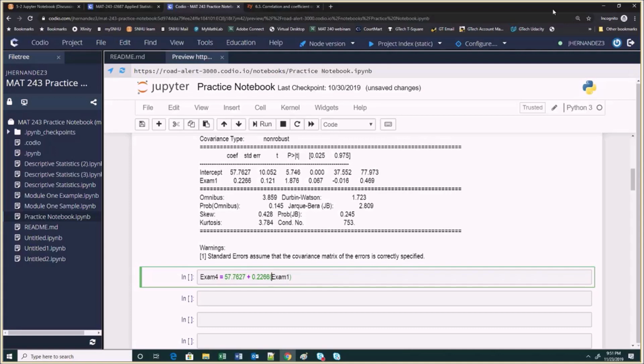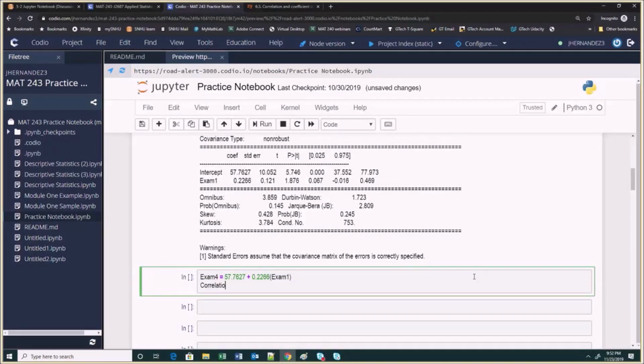This is how you would write this regression model. 57.7627 is the intercept, and that is given here, and 0.2266 is the slope, that is the coefficient of the independent variable exam 1, that's given right here. So the first column here will give you the coefficients for your regression equation.